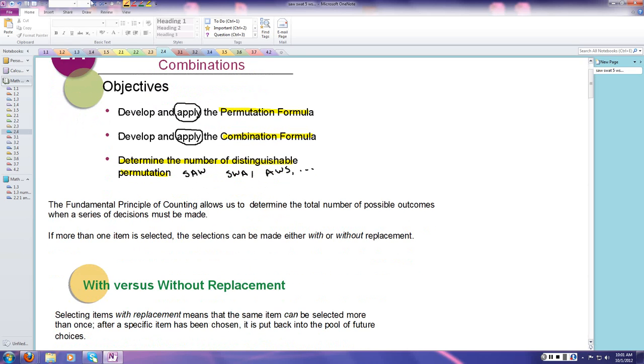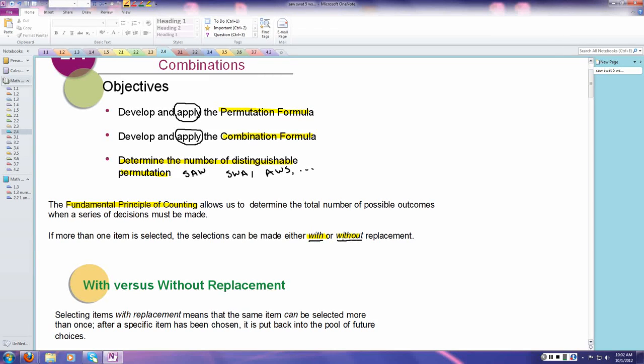So, from last time we talked about the fundamental principle of counting, and we used tree diagrams to show how this ends up working out. But the fundamental principle of counting allows us to determine the total number of possible outcomes when a series of decisions must be made. If more than one item is selected, then we can talk about it with replacement or without replacement. We did some examples of that in 2.3.